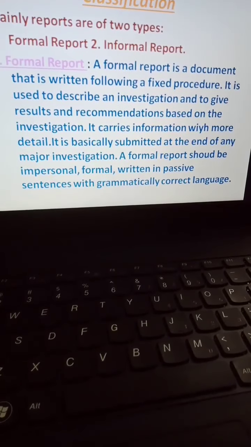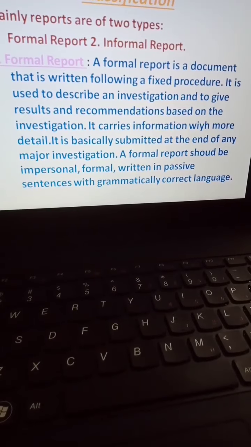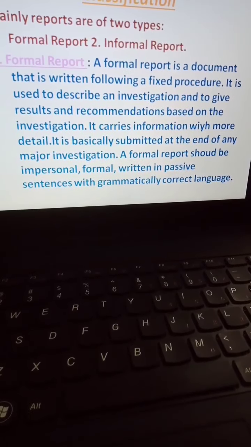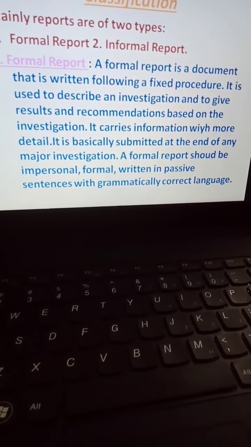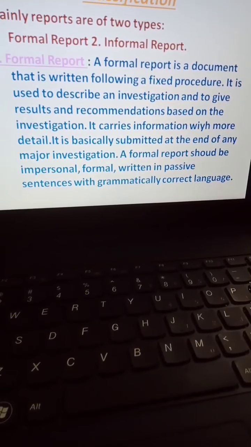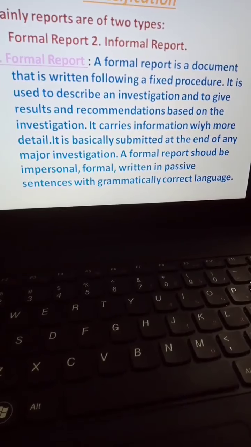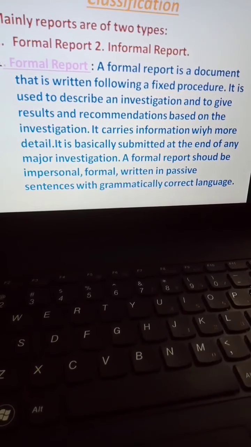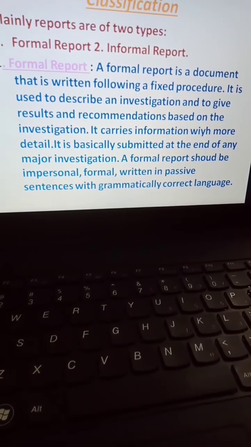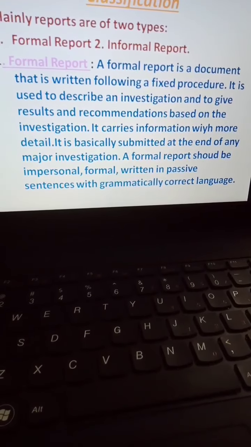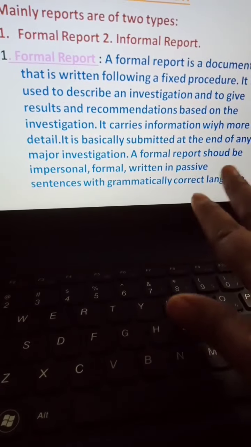It is used to describe an investigation and to give results and recommendations based on the investigation. It carries information with more detail. It is basically submitted at the end of any major investigation. A formal report should be impersonal, formal, written in passive sentences with grammatically correct language. So this is very important.